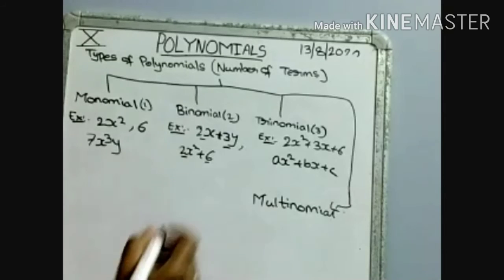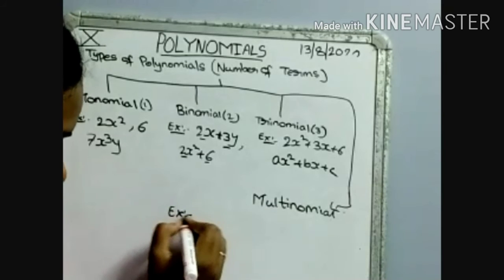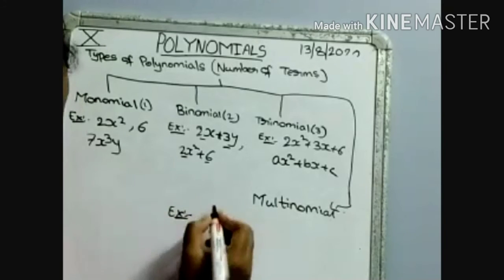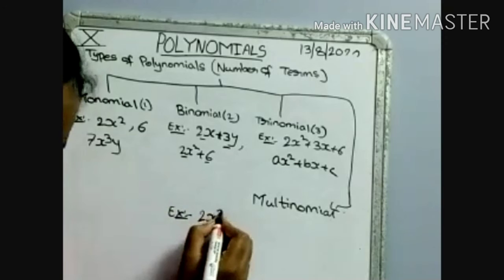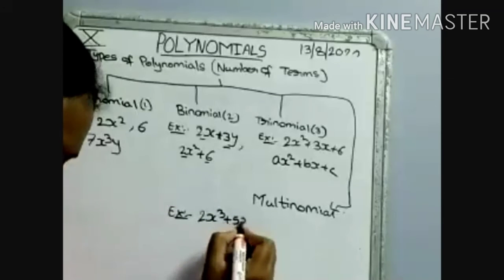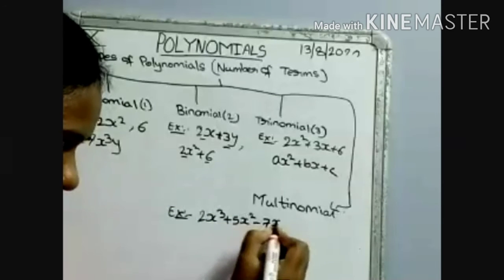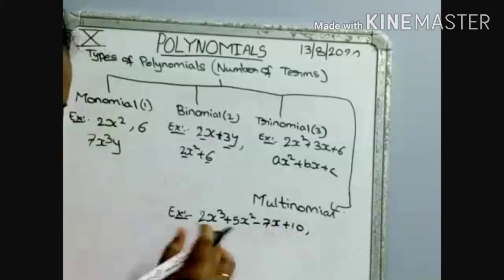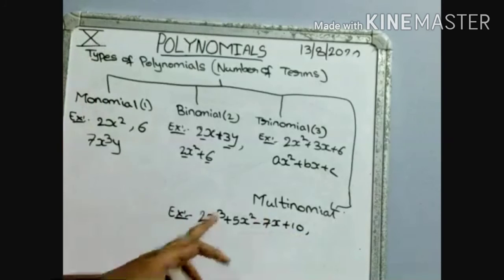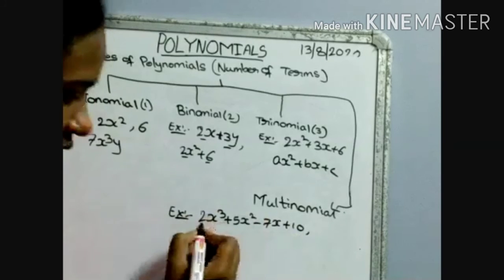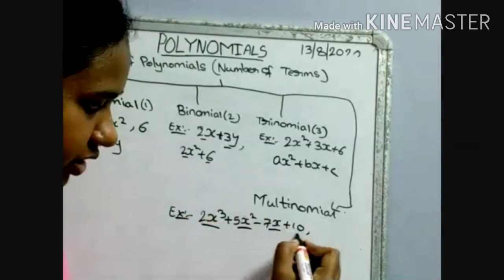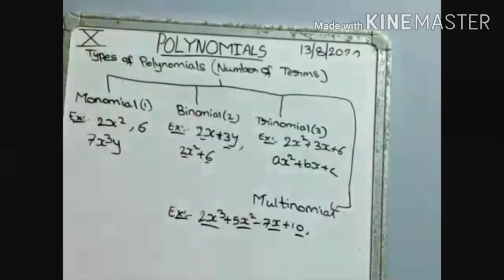Suppose take the example, 2x cube plus 5x square minus 7x plus 10. If you take this, there are 4 terms. 2x cube one term, 5x square one term, 7x, and 10. Here 4 terms are there. So it is called a multinomial.